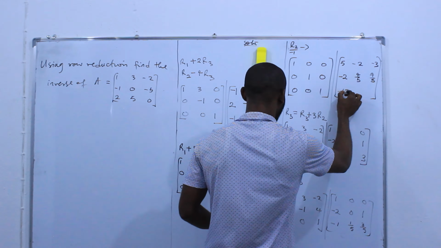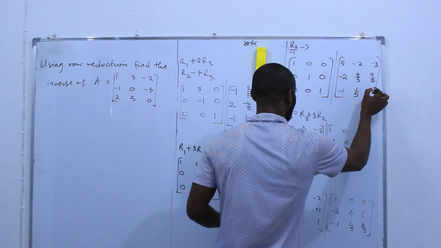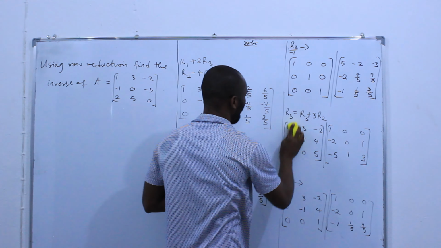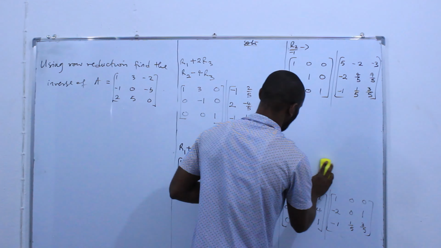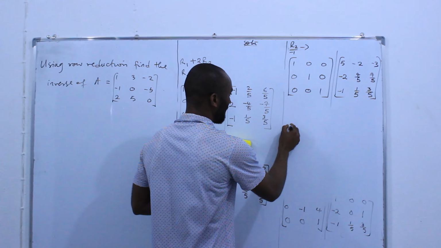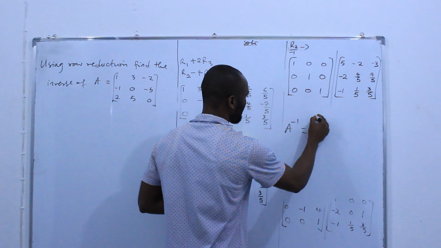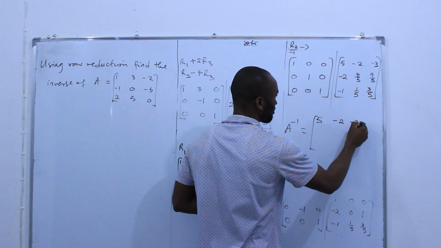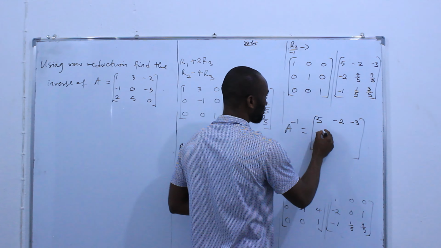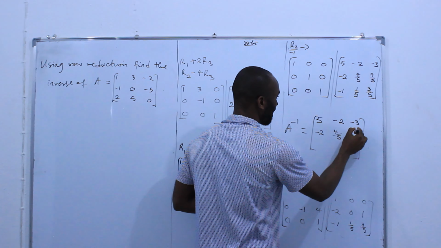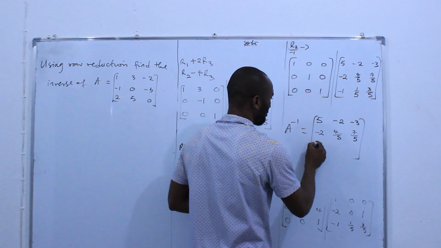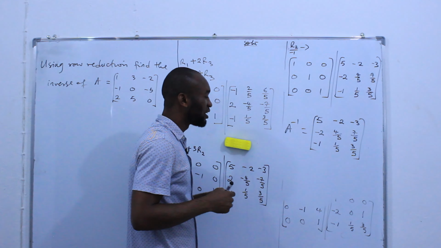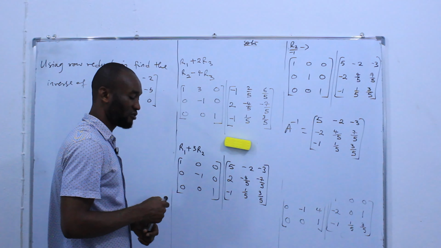So here we have minus 1, 1 over 5, and 3 over 5. So far, so good. The inverse of A is the matrix 5, minus 2, minus 3, minus 2, 4 over 5, 7 over 5, minus 1, 1 over 5, 3 over 5. That is the inverse of A.